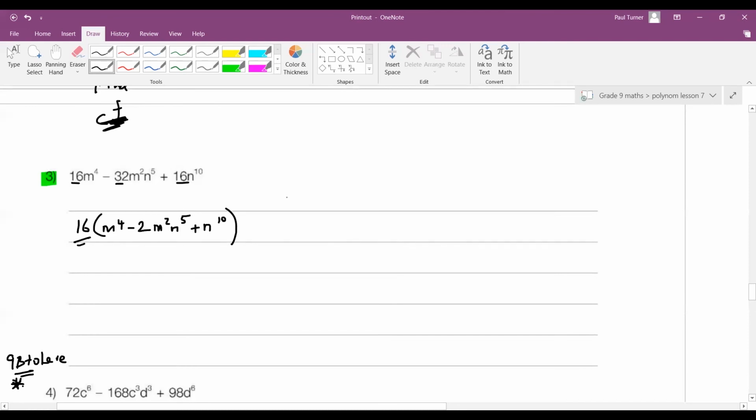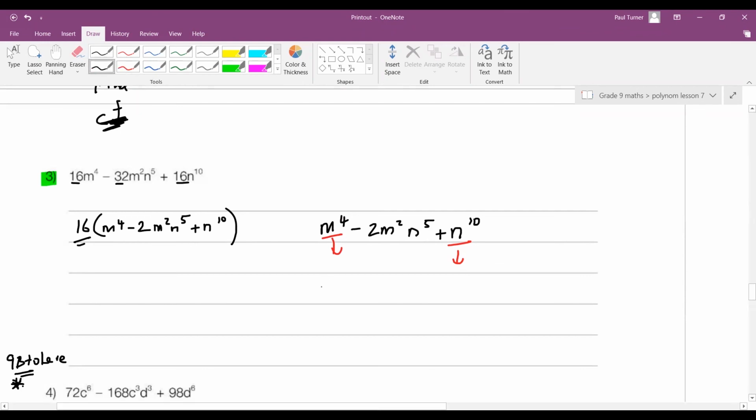Just leave it there. I'll write this other part out here, and we'll do this. So m^4 minus 2m^2 n^5 plus n^10. So now we do as before. We change the first term and the last term to be powers of 2.